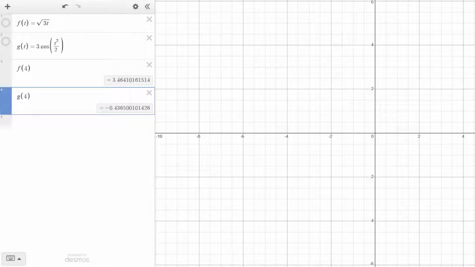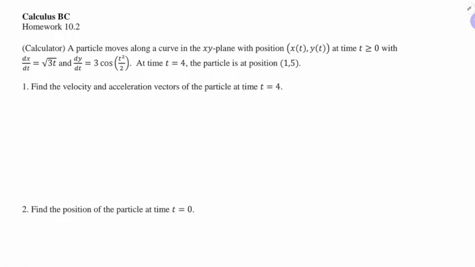And okay, now that I've got those numbers, I'm going to go back over to the worksheet and say velocity is 3.464 and negative 0.437.